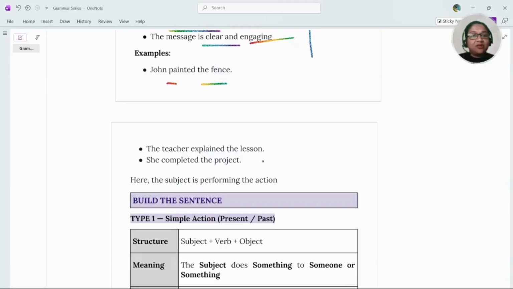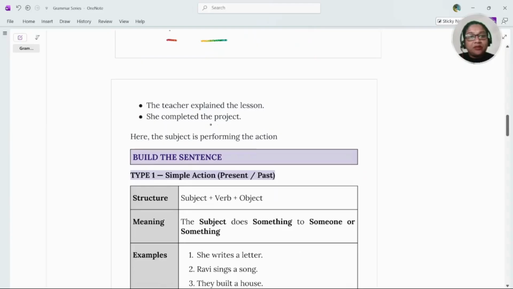The sentence is direct and there is no deviation of your thought process. So basically your sentences are crystal clear when they are in this form, that is active voice. Now the third example: she completed the project. Again the same drill, a pretty crystal clear sentence.